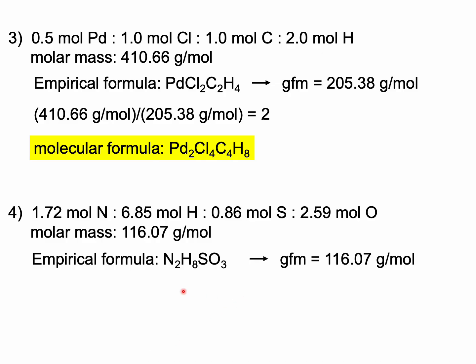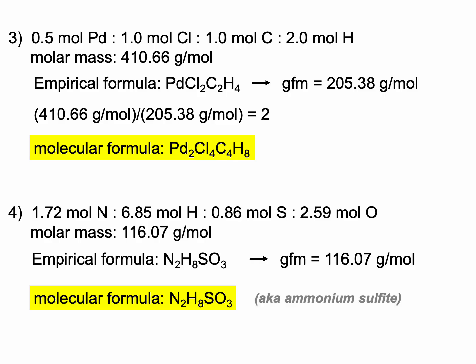And then we have our ammonium sulfite example. The small GFM is 116.07. The molar mass that we were given is the same value, so that tells us that the molecular formula and the empirical formula are the same. And that's pretty much it.